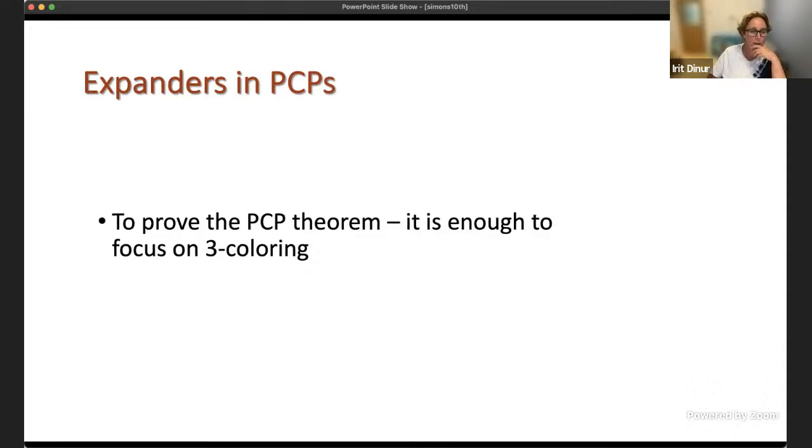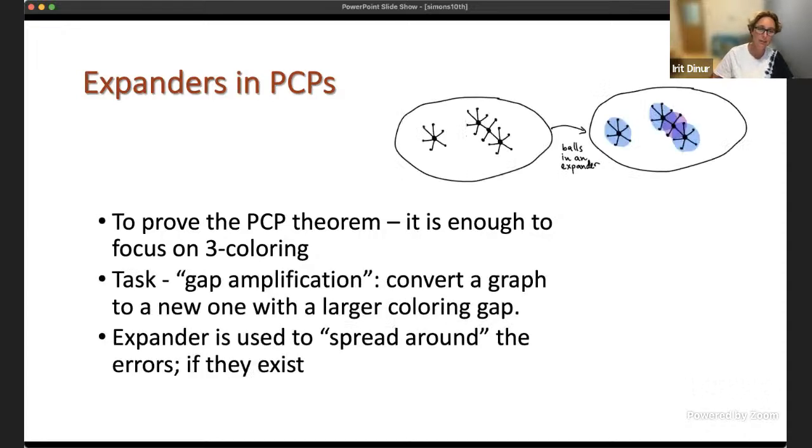Okay, so I want to show you how expanders are useful in constructing a probabilistically checkable proof. You need to kind of believe me that to prove the PCP theorem, it's enough to prove a certain statement about three coloring. I have a graph, and I don't know if it's three colorable or not.